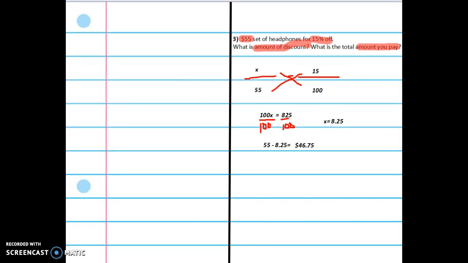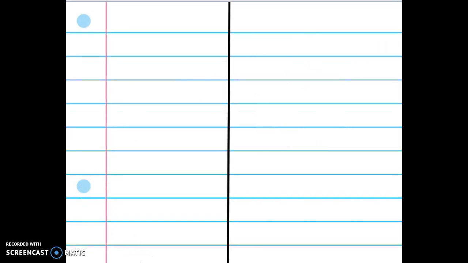Alright, we'll try one more example. Alright, so a board game that normally sells for $34.95, so that would be your subtotal, is on sale for a $6.25 discount. What percent off did you get when you purchased the game? So I chose this problem because you would set it up differently.